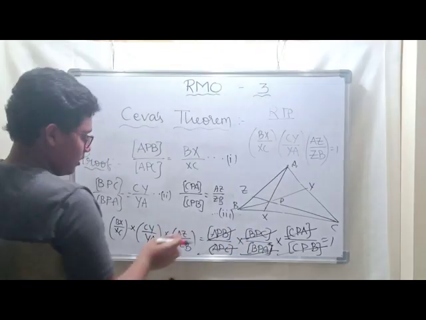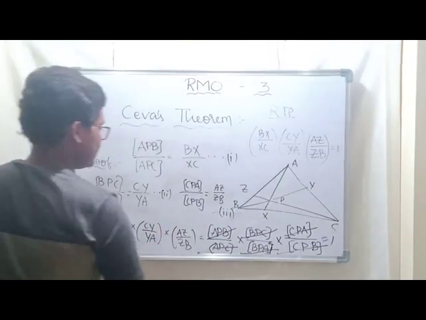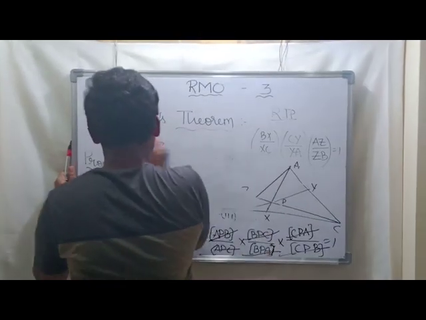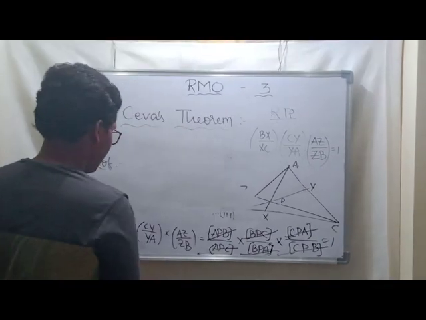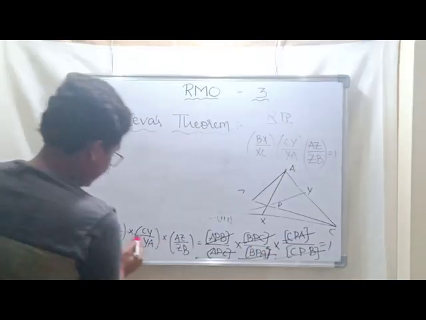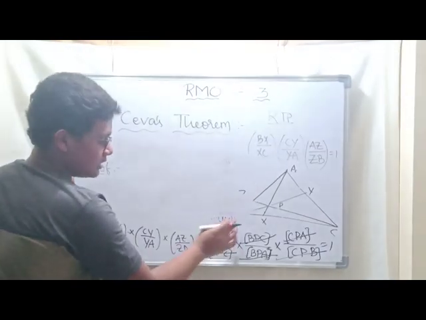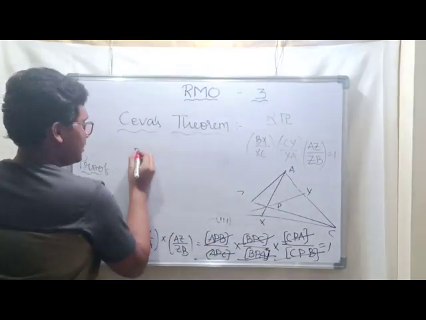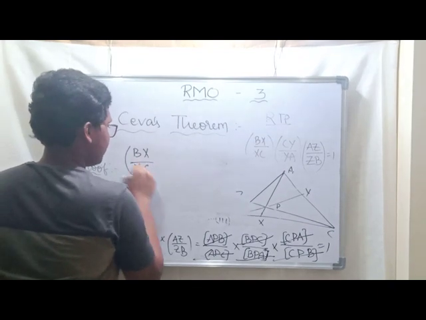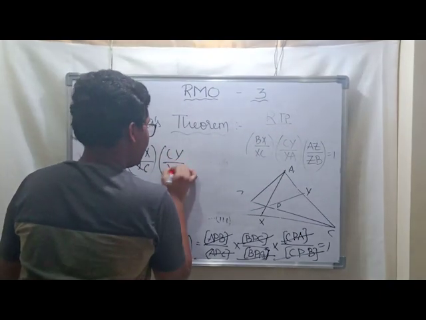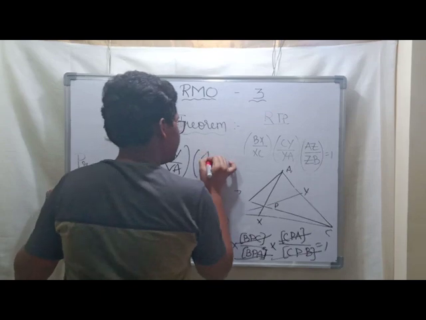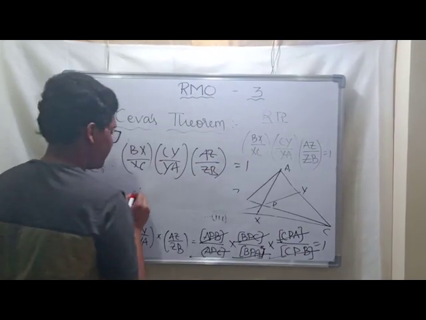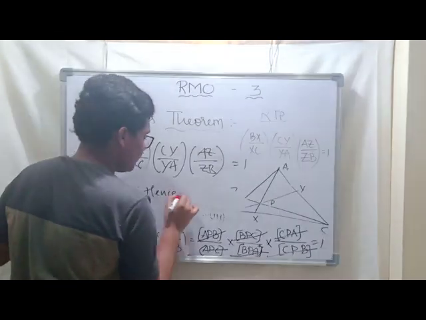It means it is equal to 1, hence proved. By substituting those values we got 1. It means BX by XC into CY by YA into AZ by ZB is equal to 1, hence proved.